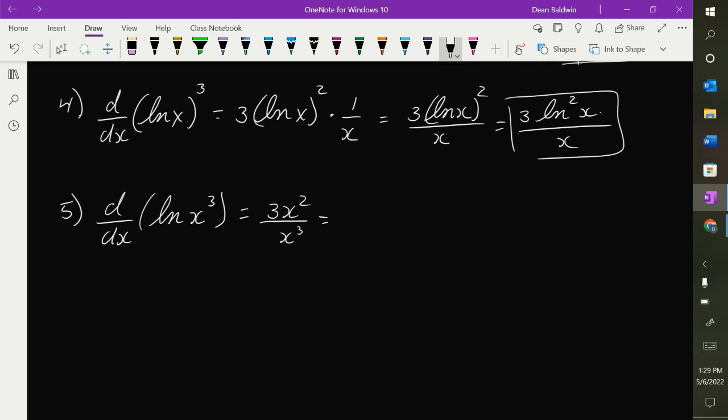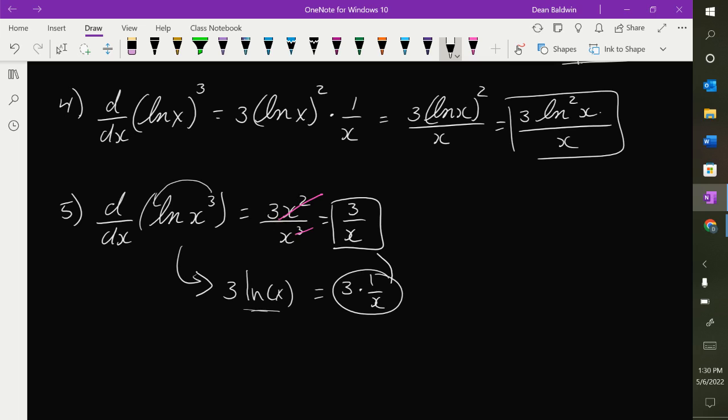And then you simplify that. That cancels that, and you're left with 3 over x. The other way you can think about it is our log rules allow us to drop the exponent on the argument down. And then it's just what's the derivative of natural log of x? That's 1 over x. And that's the same as that.